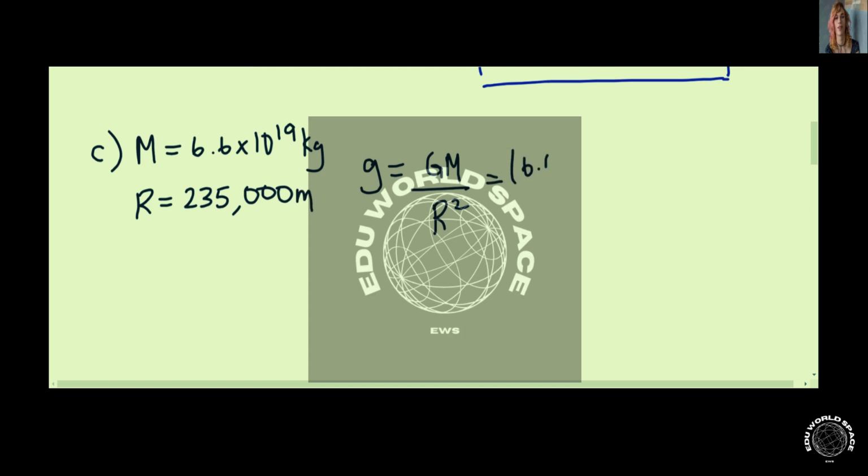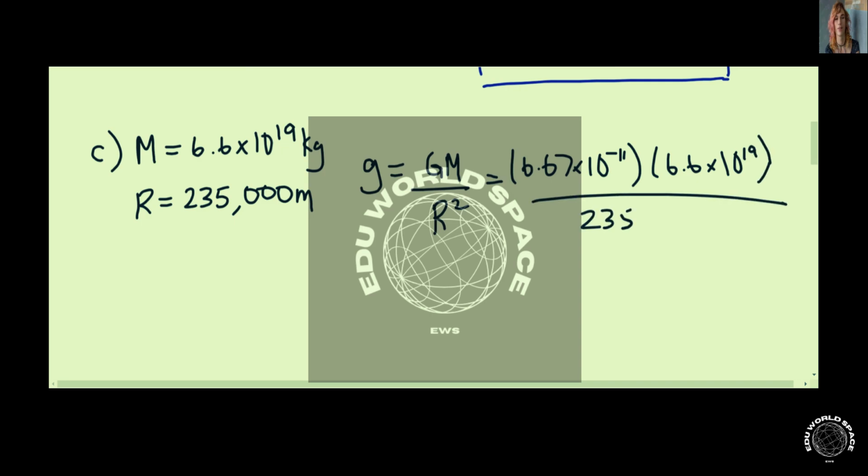So let's go ahead and plug everything in here. Once you plug that into a calculator, you get quite a small value. It's 0.08 meters per second squared. And so this is our final answer for part C.